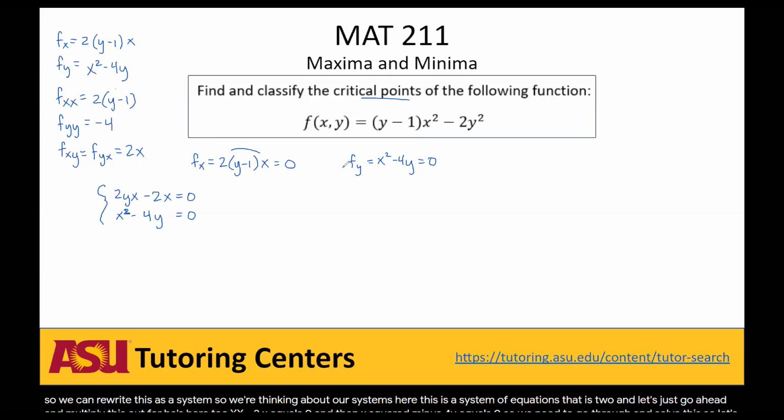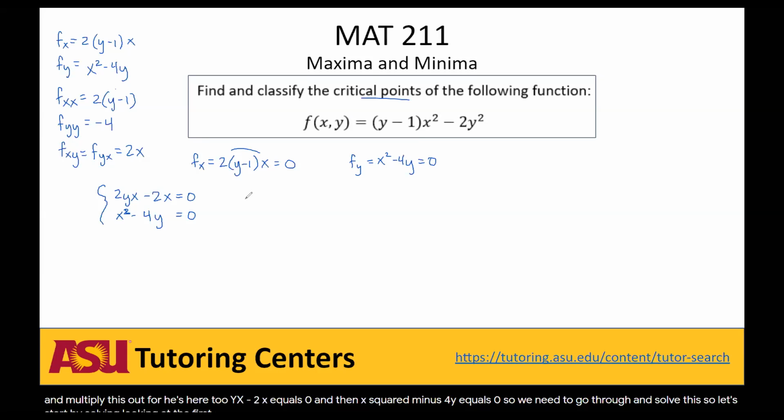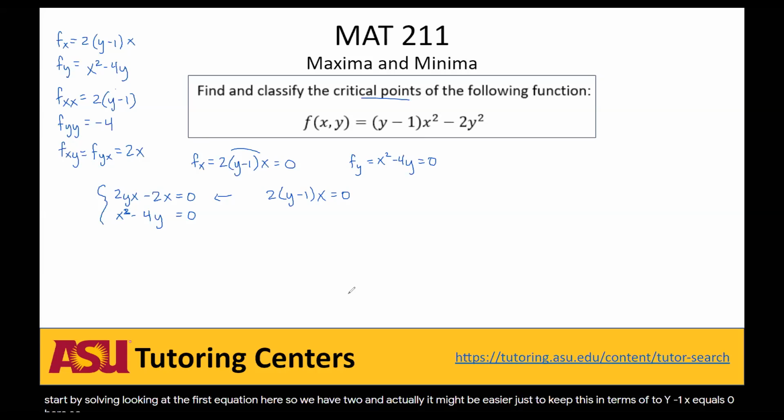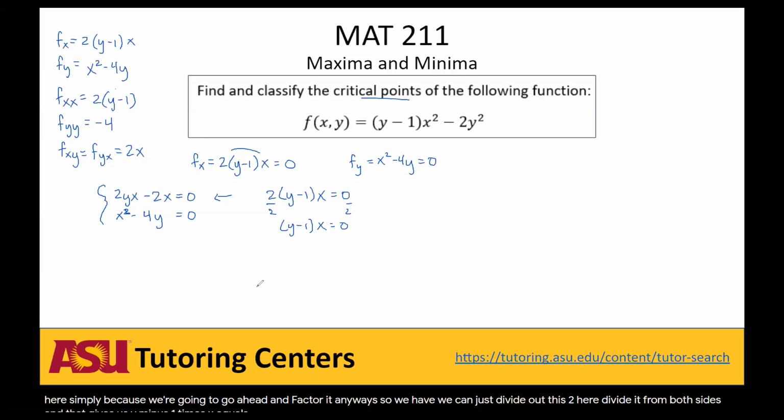So let's start by looking at the first equation here. Actually, it might be easier just to keep this in terms of 2 times y minus 1 times x equals 0, simply because we're going to go ahead and factor it anyways. So we can just divide out this 2 from both sides, and that gives us y minus 1 times x equals 0.